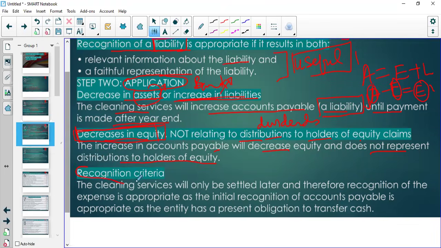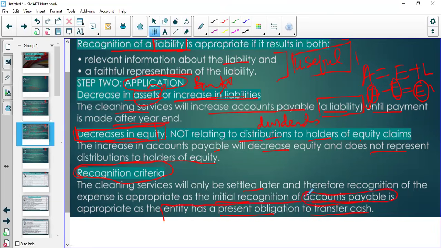Then the recognition criteria is based on the recognition of a liability. Do we have a present obligation for the entity to transfer an economic resource in the future? This cleaning service will be settled later, right? So the entity currently has a present obligation to transfer cash in the future.